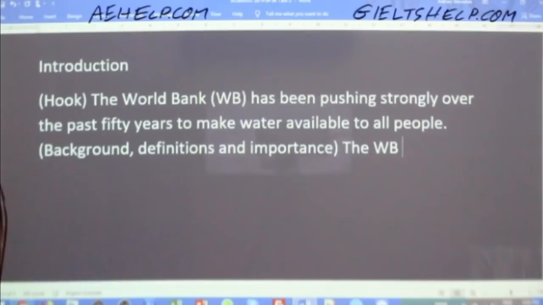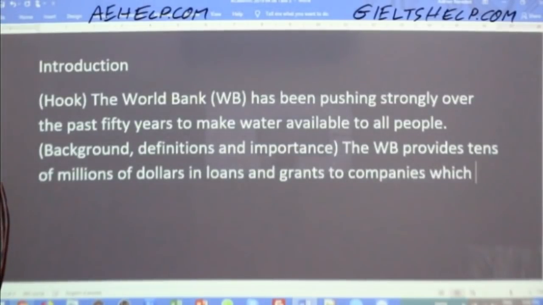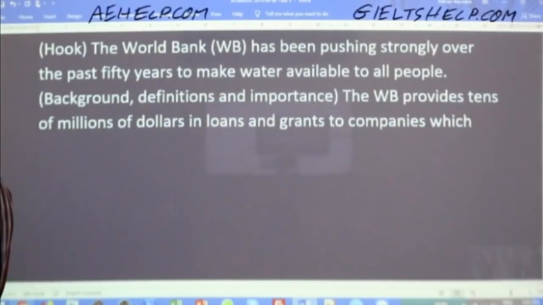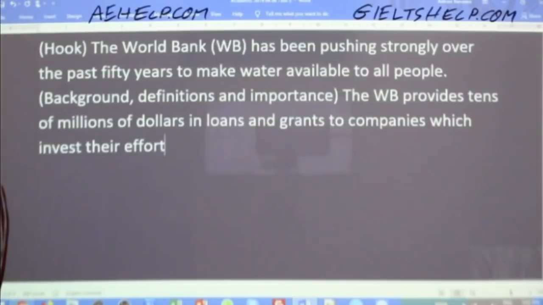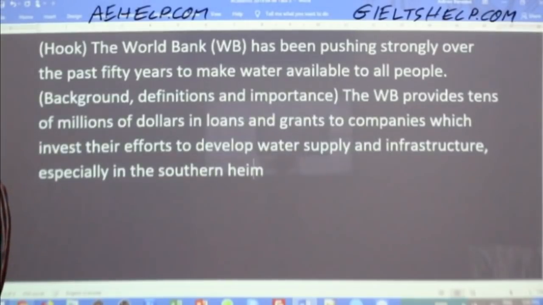The WB provides tens of millions of dollars in loans and grants to companies which invest their efforts to develop water supply and infrastructure, especially in the southern hemisphere.